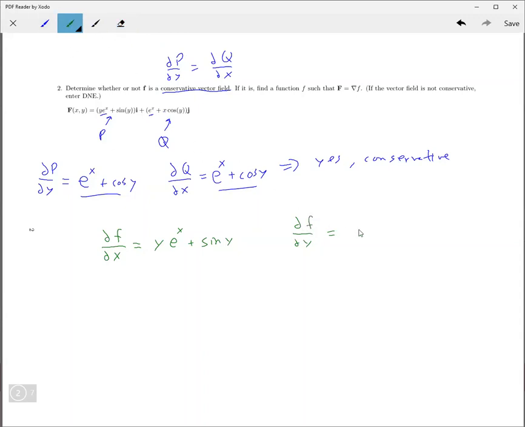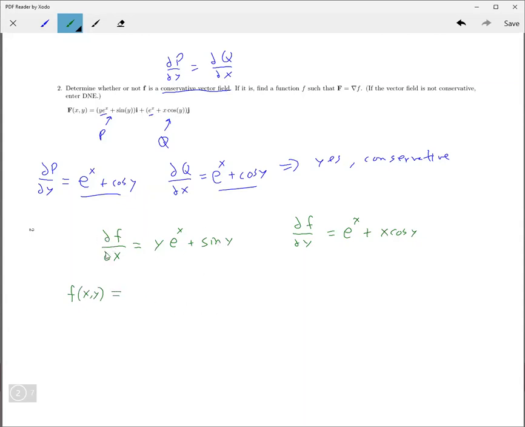The partial is the partial of f with respect to y. Like that. So partial of f with respect to x is this. Partial of f with respect to y is this.